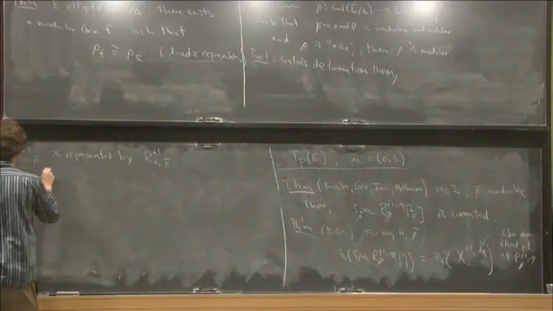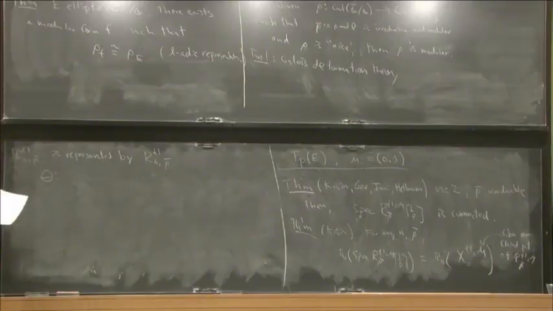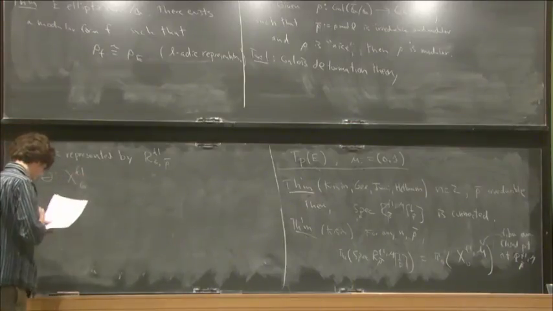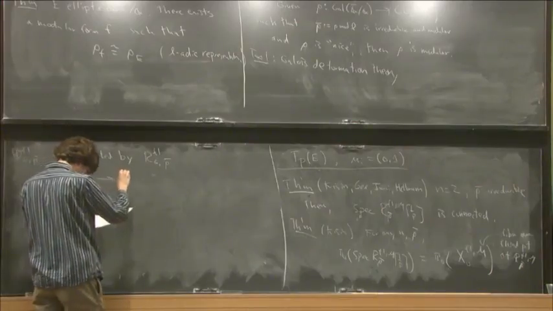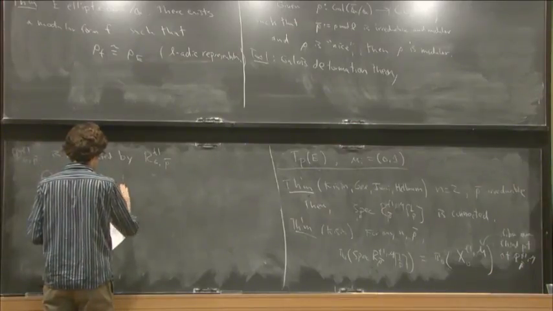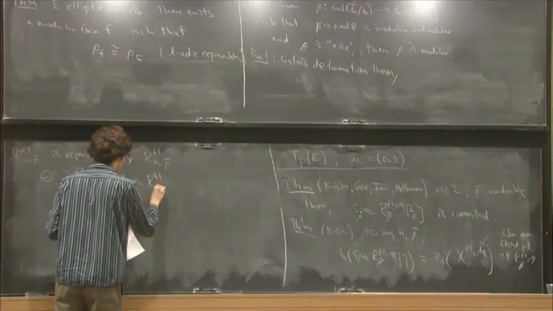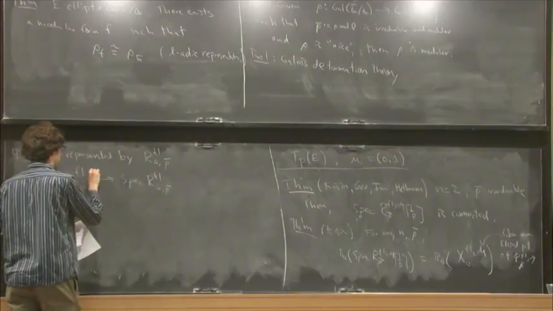And one can do a similar construction: one can construct a G version of Kisin's resolution. So this is, again, projective.